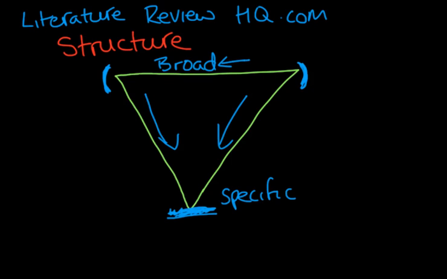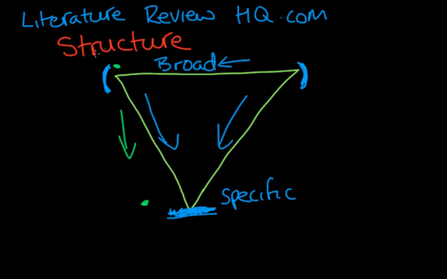Although this is the most common one, there are other ways to do it as well. So this is the beginning of your literature review here, and this is the end, and so it's quite a logical progression. But it may not be that easy to do, depending on the type of literature or articles you have.